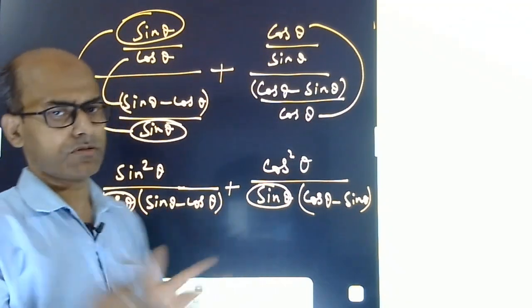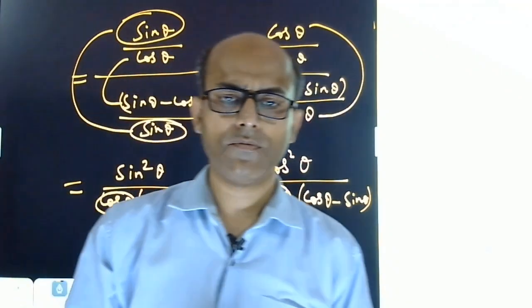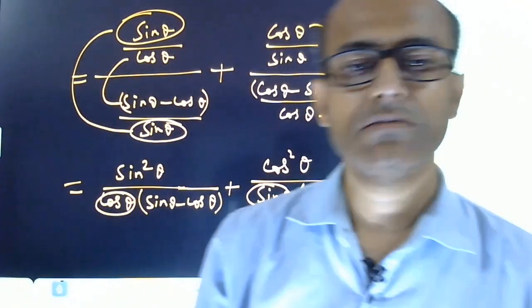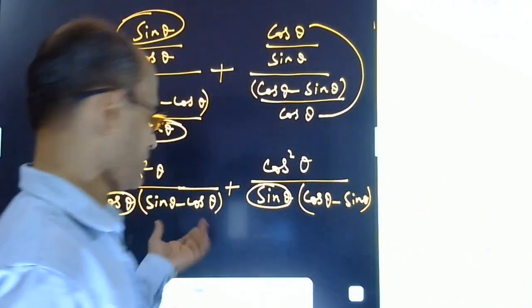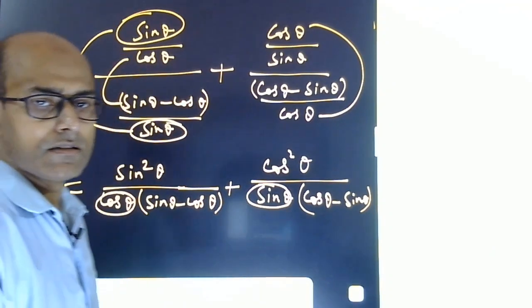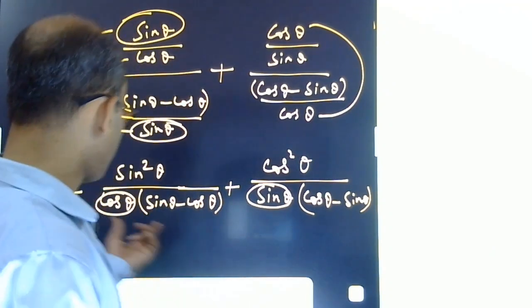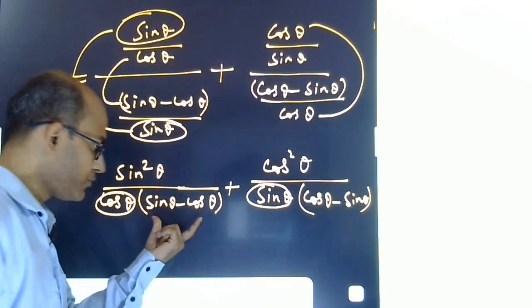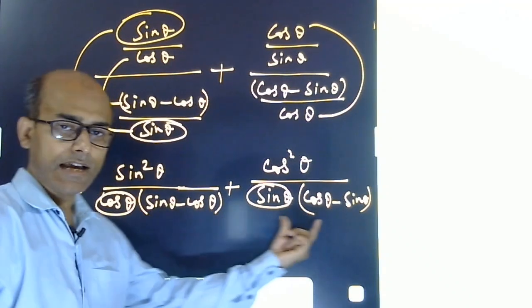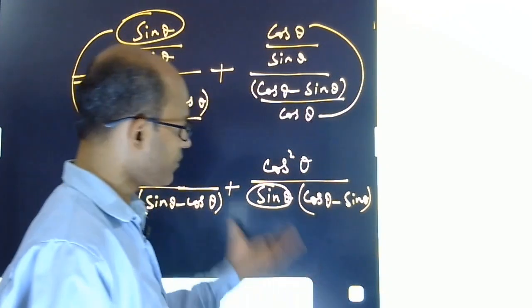If someone asks what is the LCM of 2 and 3, you will say, it's very simple, the LCM of 2 and 3 is 6, because both of them have just 1 as a common factor. But when someone asks what will be the LCM of sin theta minus cos theta and cos theta minus sin theta, what will you say?